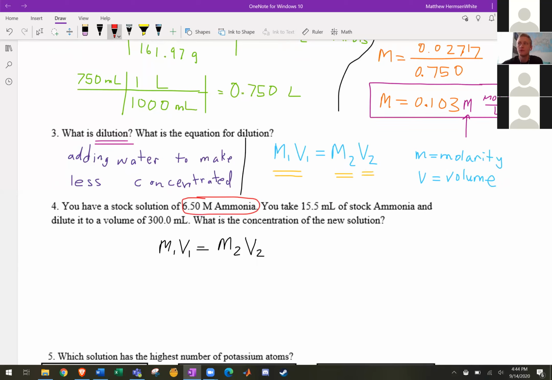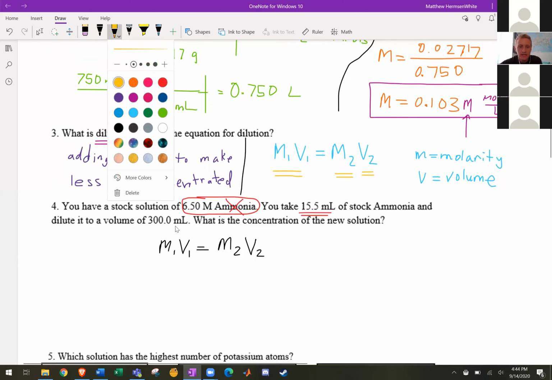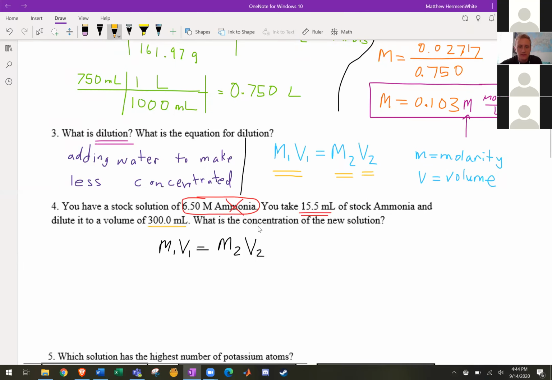It has nothing to do with moles or grams. So this ammonia piece is more or less unnecessary. So we have 6.5 molar, and you take 15.5 milliliters, and we're diluting it to 300 milliliters. What is the final concentration?